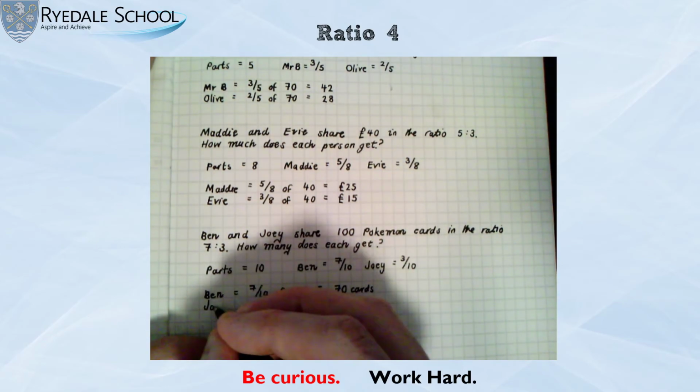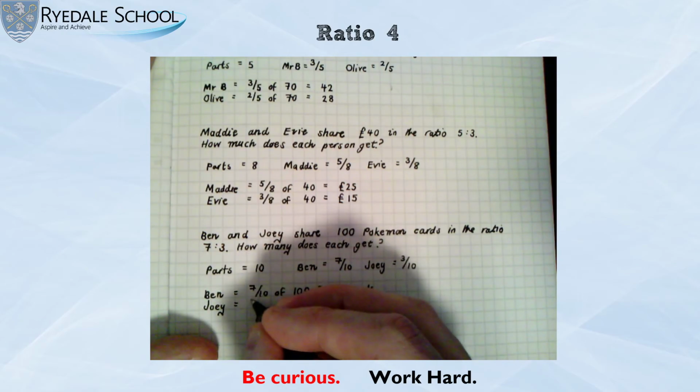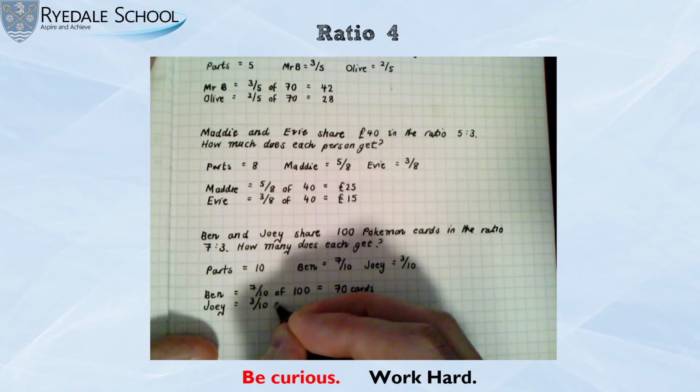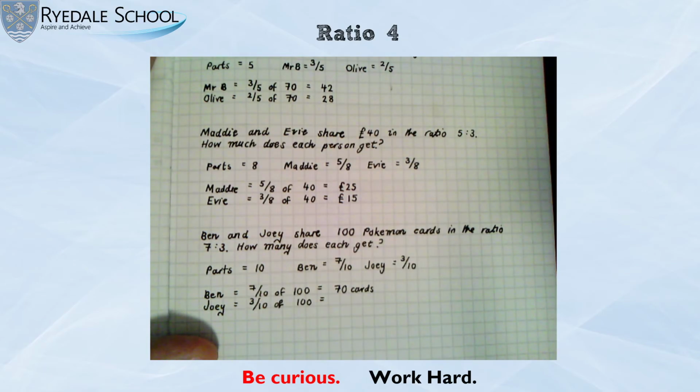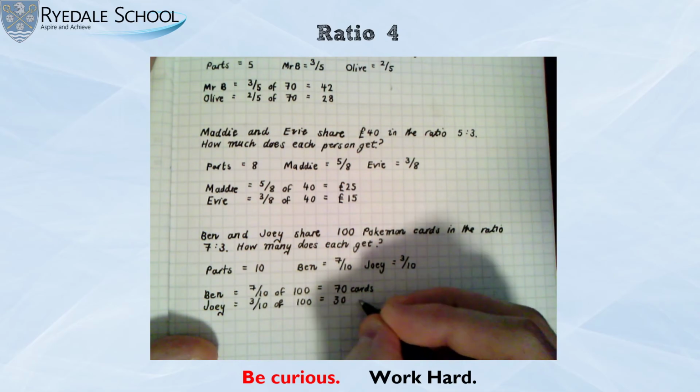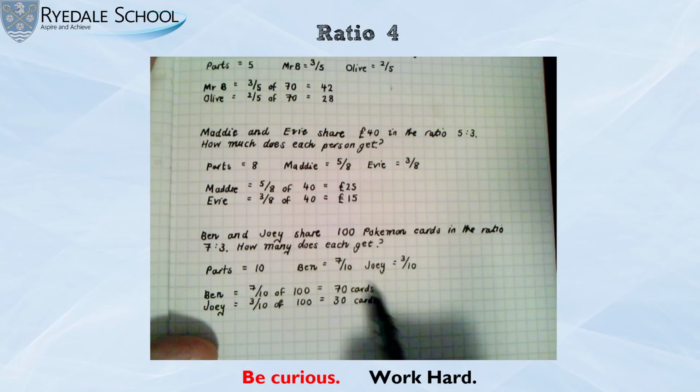For Joey, he will get 3/10 of 100. And 100 divided by 10, multiplied by 3, is 30 cards. So altogether, that does make 100, so I'm convinced that my answers are right.